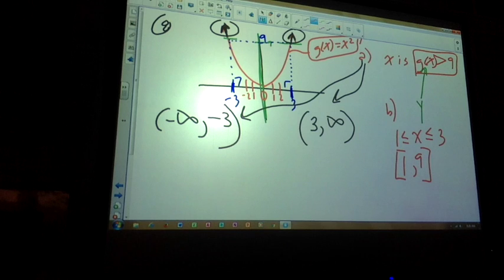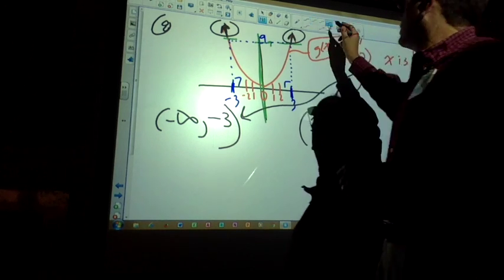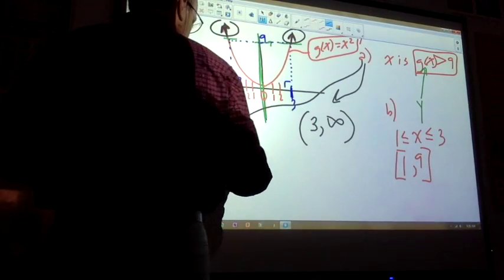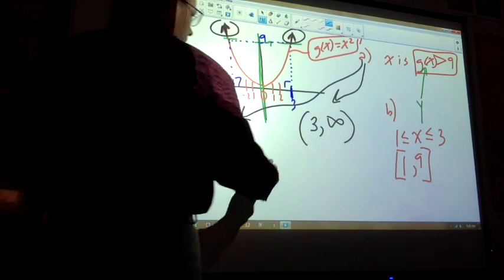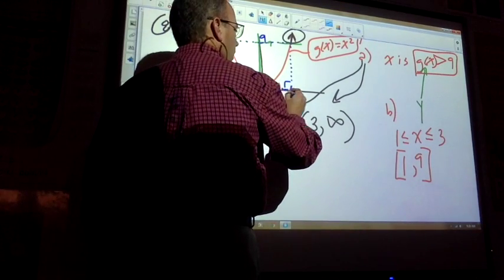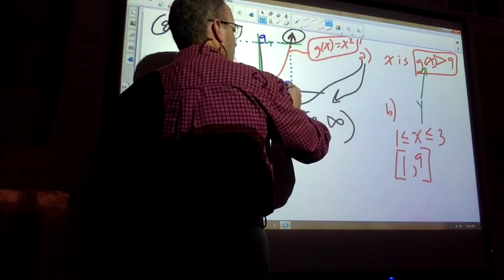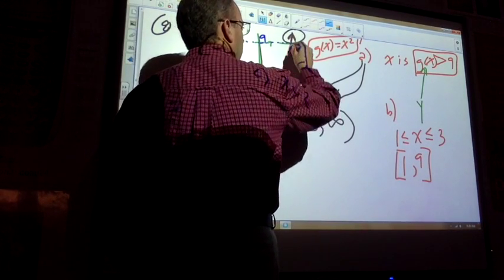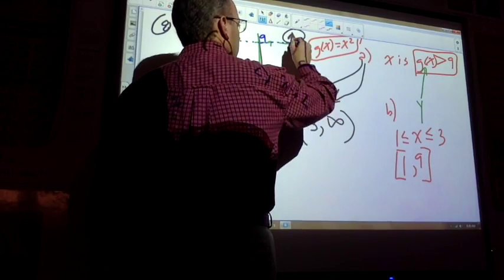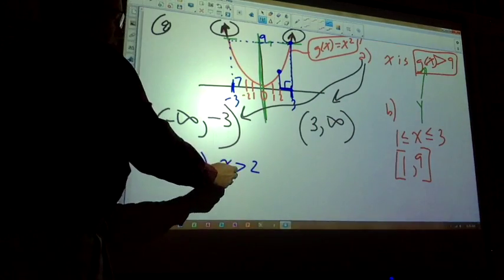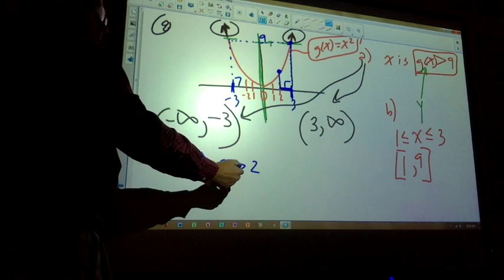Letter C, find the values of y that correspond when x is greater than 2. So x is greater than 2 is here. So we're looking here to here. Okay? Can it be equal, or is it going to be a rounded bracket?